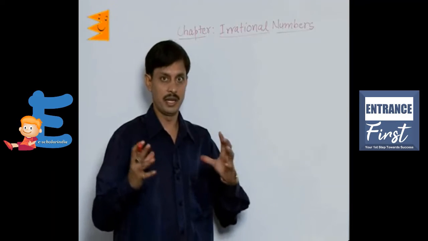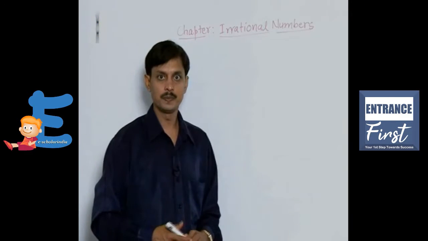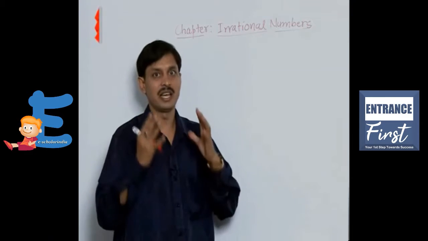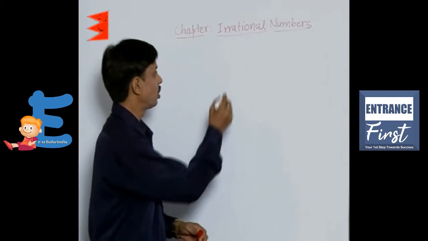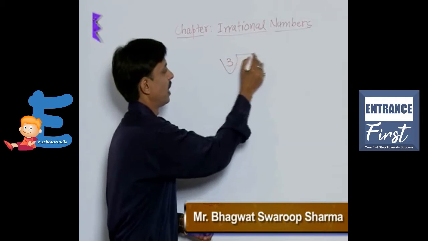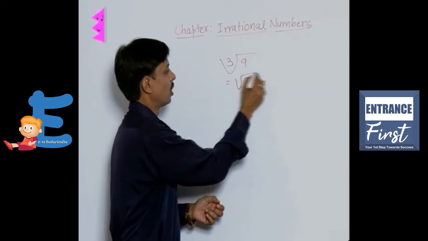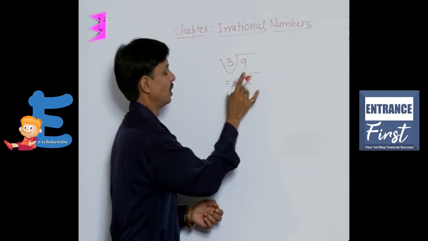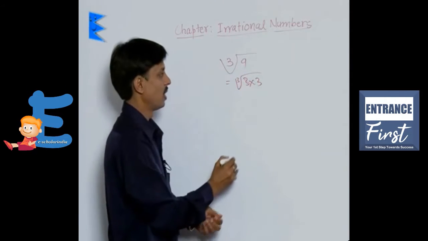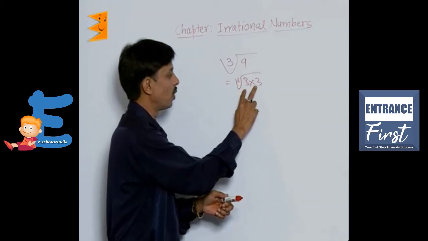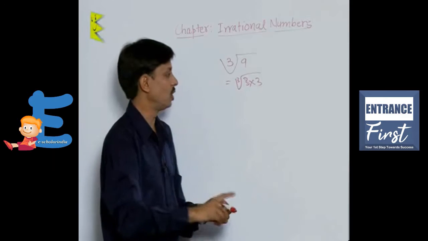Now I am taking another example of rationalization. If I ask you what is the simplest rationalizing factor of the cube root of 9? This is the cube root of 3 into 3. Here the order is 3, so we need one more 3.